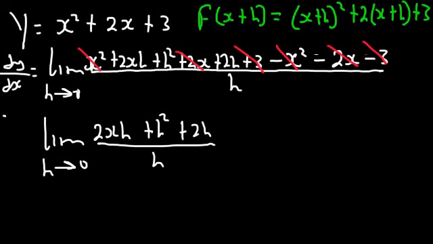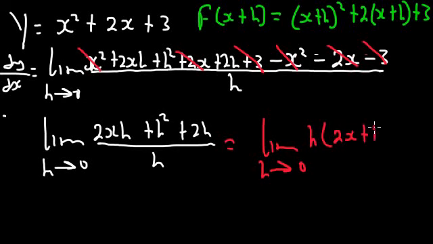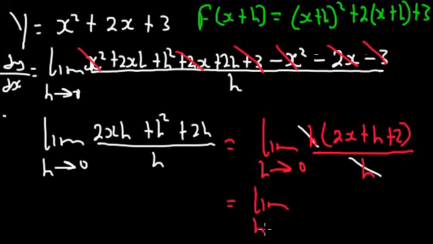So right now at the numerator, what I will do is just factor out h, and we now have the limit as h approaches 0 of h, then in brackets. If I factor out h, left over is 2x right here, and for the next one we have h, and for the last one we have 2, then all divided by h. Notice that the h can now cancel out and we are left with the limit as h approaches 0 of 2x plus h plus 2.